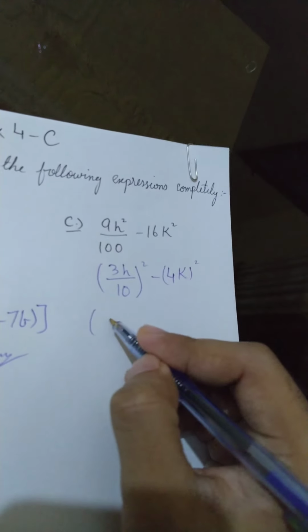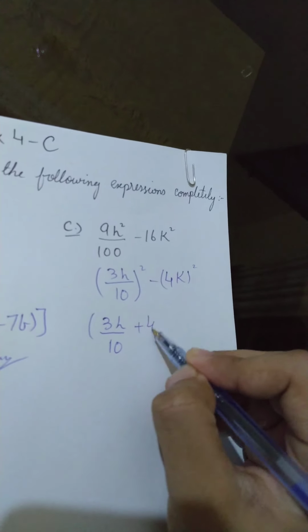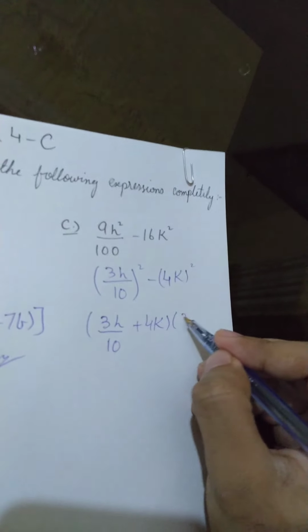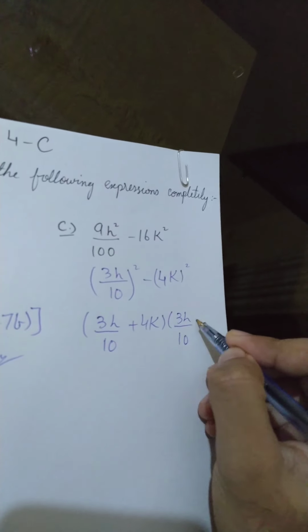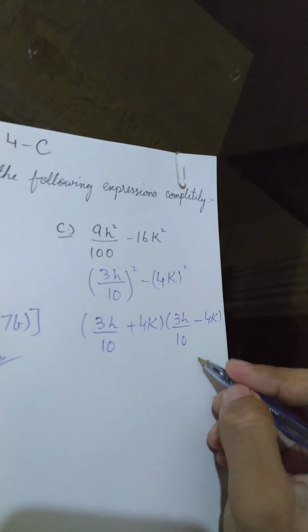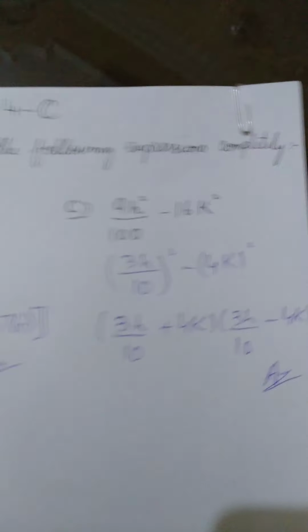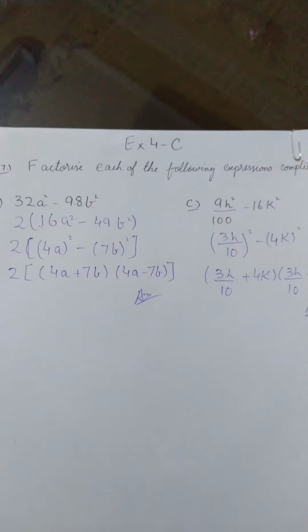So I will apply the formula. A plus b means 3h upon 10 plus 4k, and 3h upon 10 minus 4k. A plus b, a minus b. I have made the factors. This is my answer. Okay, so part A and part C are done.